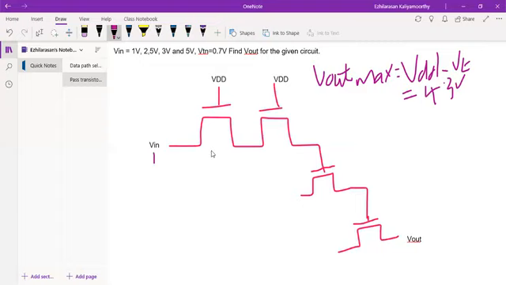Now first let us write 1 volt. If it is 1 volt, the maximum is 4.3, so I'll get 1 volt here. Next, I'll get 1 volt. As we know, when it is in series connection, the output voltage will not degrade. Now it is 1. My threshold voltage is 0.7, right? 1 minus 0.7, even this also is Vin only.